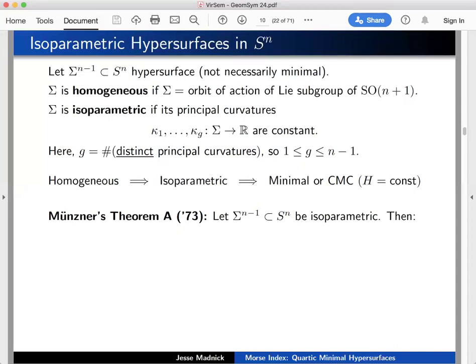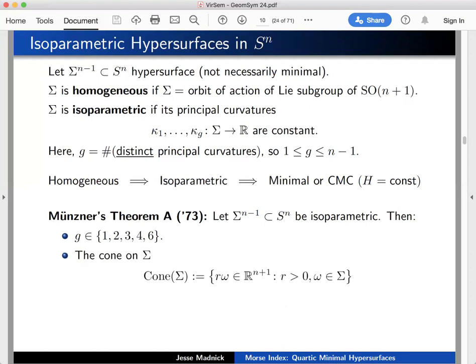It seems like any number could show up between 1 and n minus 1, but Münzner showed that's not true. The number of distinct principal curvatures, g, can either be 1, 2, 3, 4, or 6. These are the only options for the number of principal curvatures in any dimension.